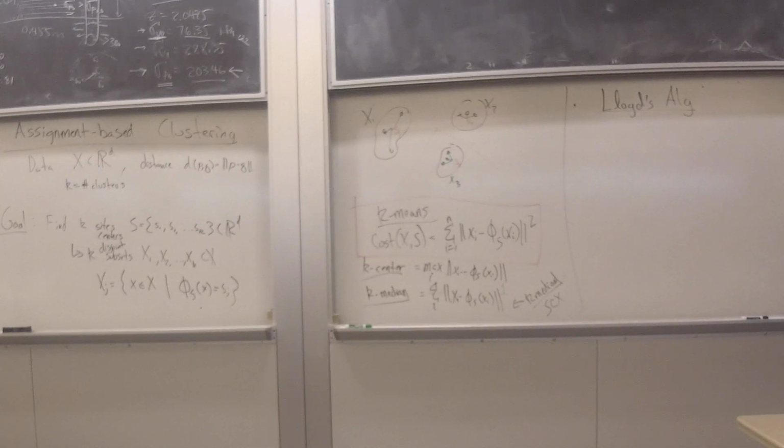I was just wondering, we have this data set X. This cost function is measuring how well this set of sites models the data. Is that right? Yeah.